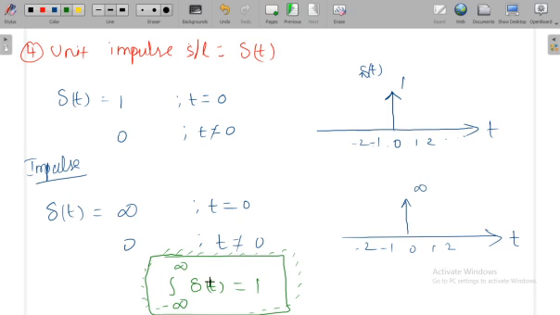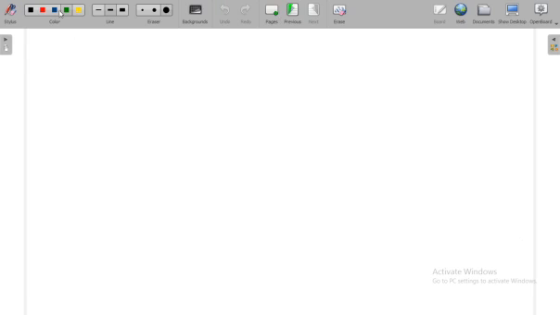The next one is again in the discrete domain. In the discrete domain, del n is equal to 1 for n is equal to 0, and 0 when n not equal to 0. And again here, summation n from minus infinity to plus infinity, del n is equal to 1.